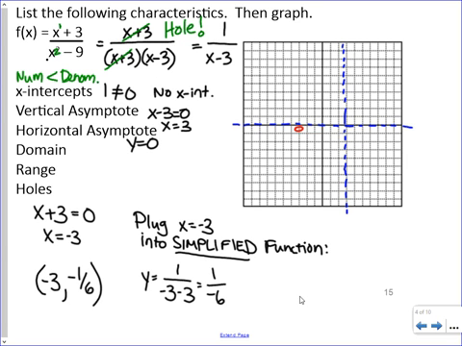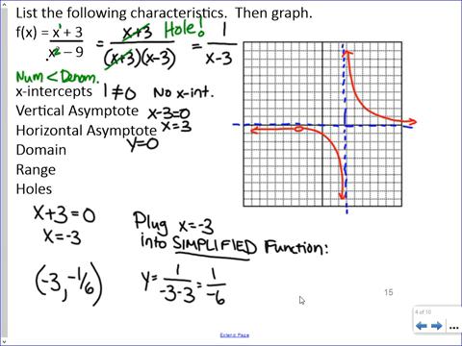Yeah. Something like this. So even though we're doing maybe a little bit more work today to find the hole, and we have a vertical asymptote still, we don't have to do that extra step of finding an additional point.